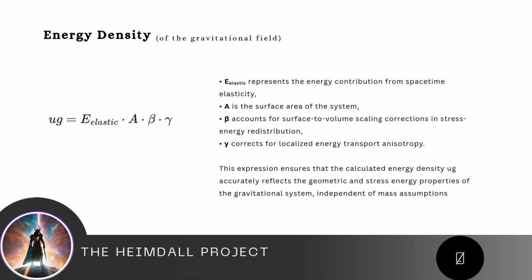So we have this equation. The energy density of the gravitational field is calculated by multiplying space-time elasticity, which represents the energy contribution from space-time, the surface area of the system, and then the correction factors: surface-to-volume scaling corrections and the localized energy transport anisotropy.